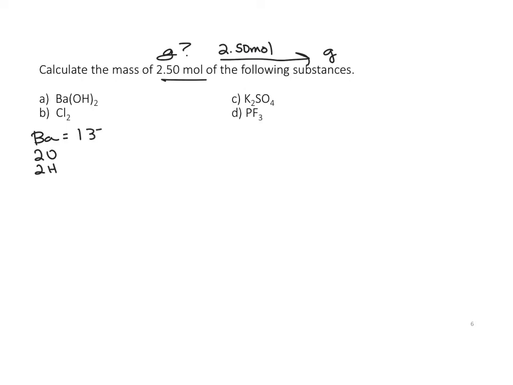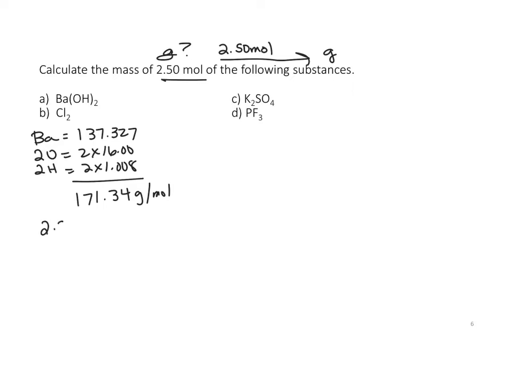Barium is 137.327, 2 times 16, 2 times 1.008. That's 171.34 grams per mole.